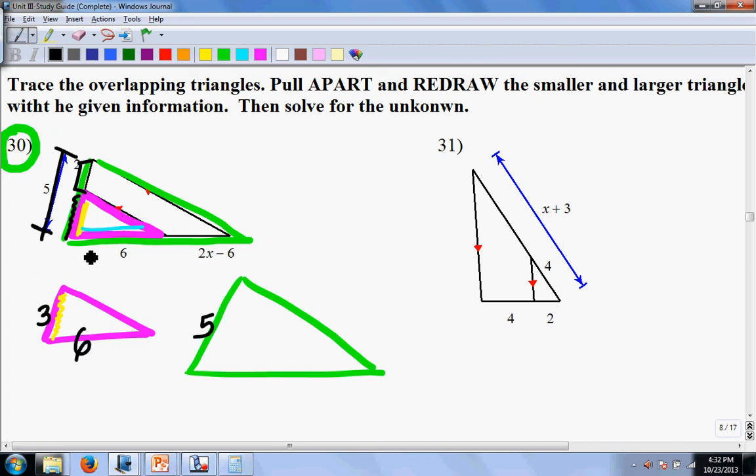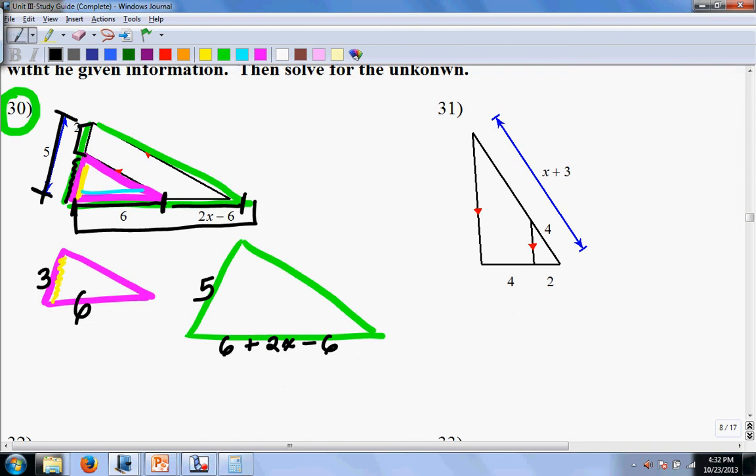Now watch it, very, very careful. This is going to be 6 from here to here, and this is 2x minus 6. So this whole side is going to be 6 plus 2x minus 6. Let's clean this up just a little bit because you see the 6's actually cancel. So this becomes simply 2x.